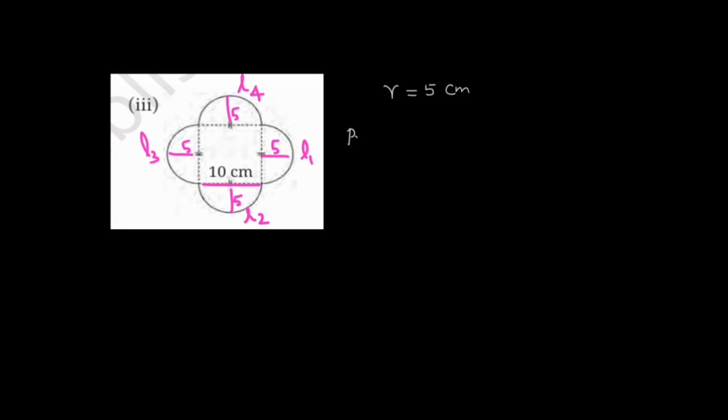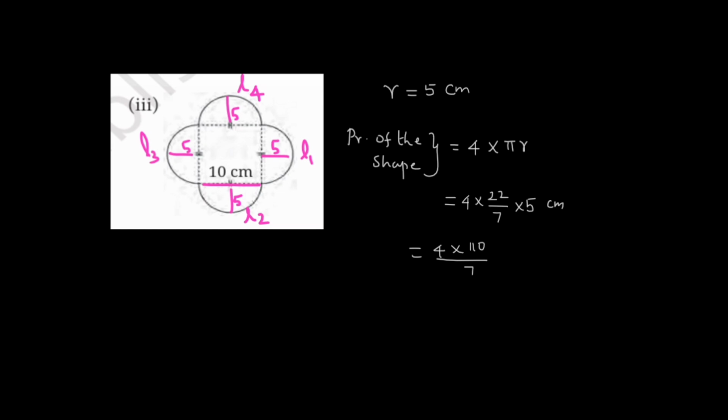So perimeter of the given shape is simply 4 times pi r, because all the arcs have the same radius, so we are easily finding it like that. If they are of different radii, we need to calculate separately. Now 4 into 22 by 7 into 5, 440 by 7.